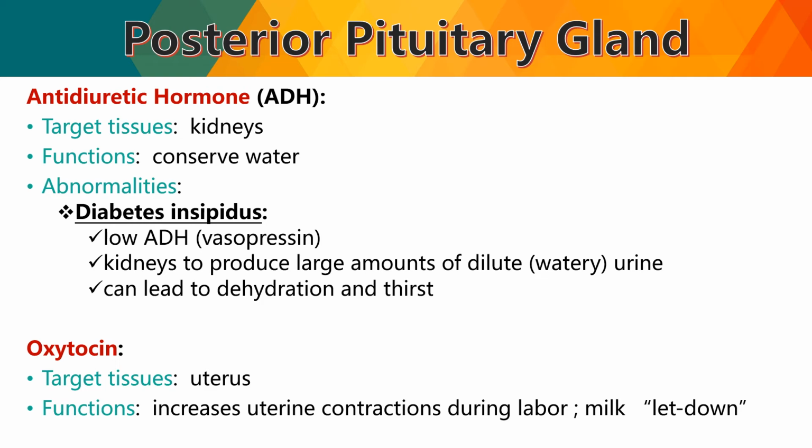And then next, you have your oxytocin. This is for the uterus. Its function is for the increased uterine contractions during labor and for milk letdown. So the more oxytocin there is in a mother's system, of course, nadetect kasi ng katawan natin yan.